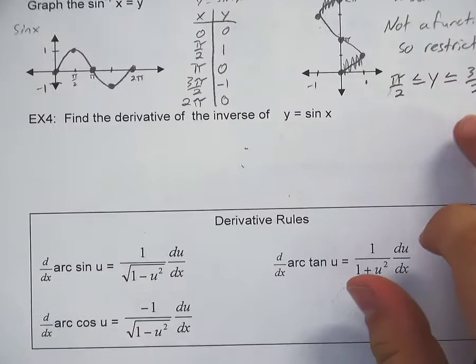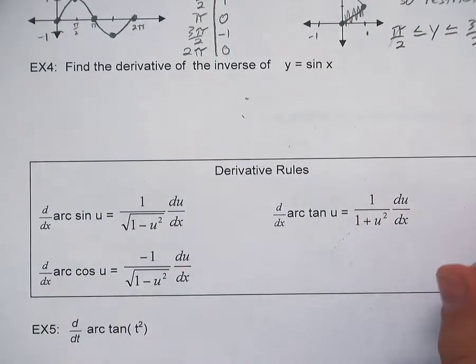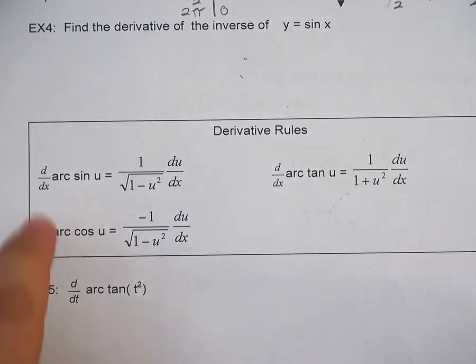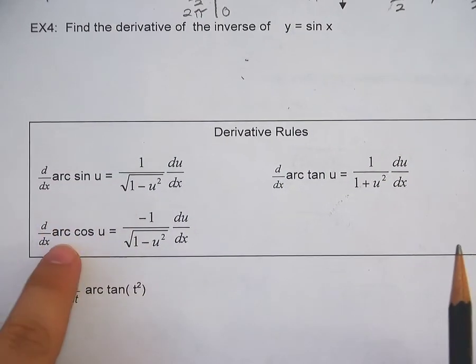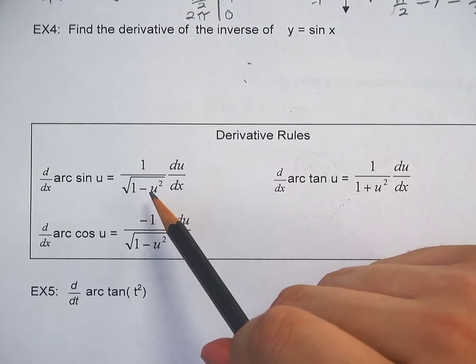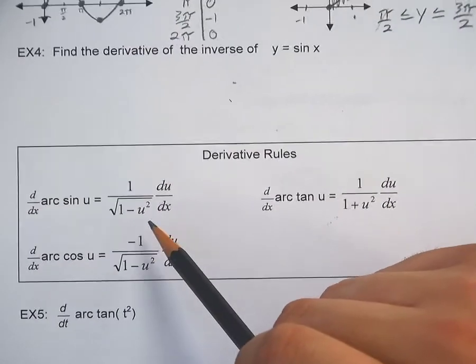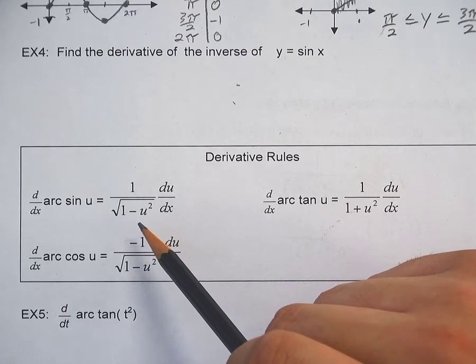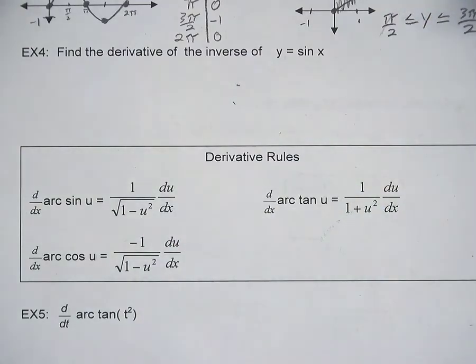Now, before we actually get into the derivatives of the inverse here, I want you to look at your derivative rules. All right, this is arc sine, arc cosine, and arc tangent. Now you see this u here? This u is in the same place as x, but u can be anything. U can be an equation, a number, a variable, anything.